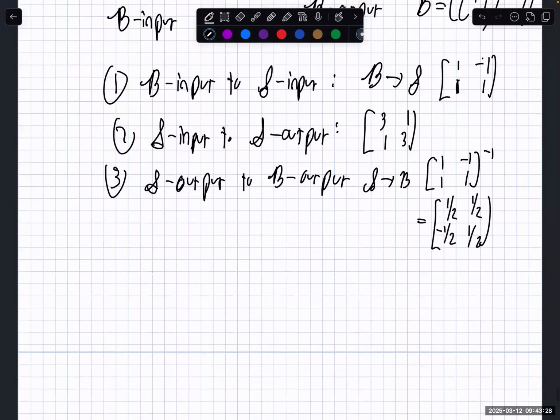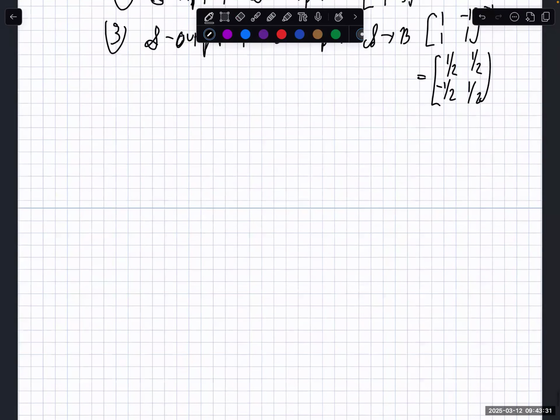Okay, so we've broken it down to a 3-step process. Let's write it this way.